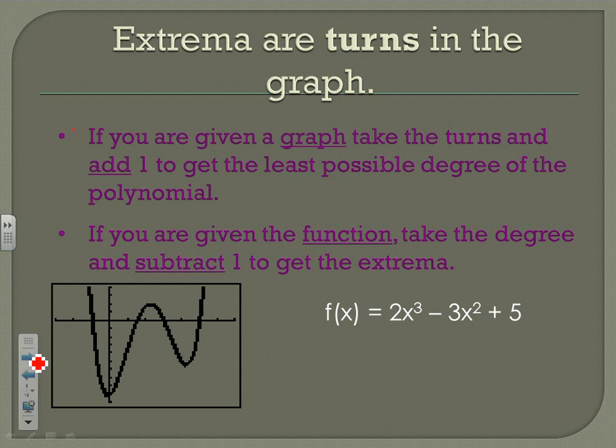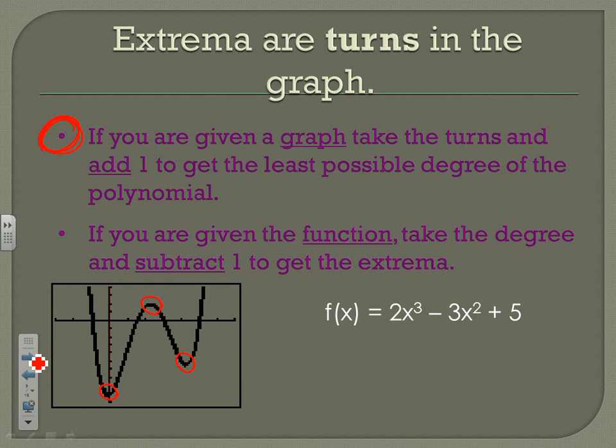So looking at the first one, it says if you're given the graph, then you count the number of turns. Okay, so it goes down. Here's 1 turn. Here's 2 turns. Here's 3 turns. That graph has 3 times that it changes direction.